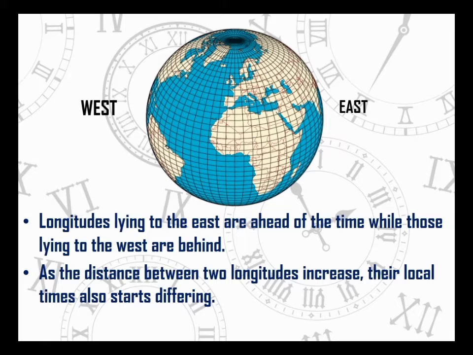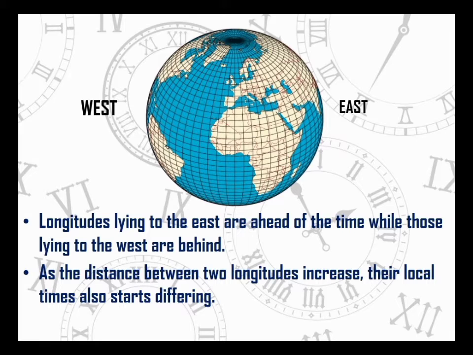Now the globe is divided into two hemispheres: the eastern hemisphere and the western hemisphere. And as the earth rotates from west towards east, the longitude lines covering the eastern hemisphere face the sun first. That's why the GMT of the eastern countries is plus, and their time is ahead of western countries.